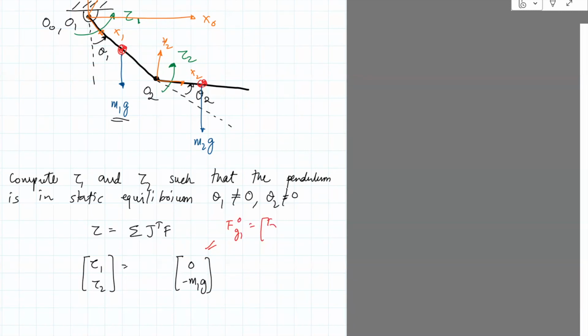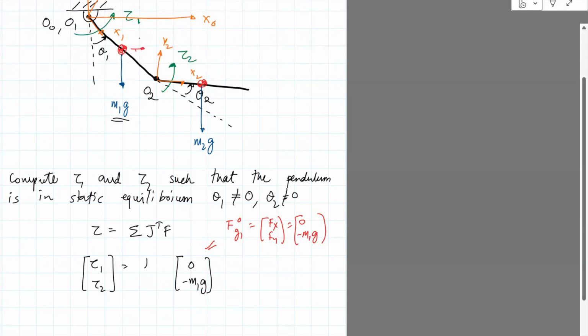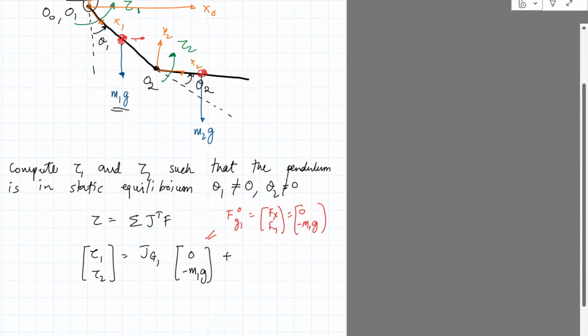There's an x component and a y component, but the x component, which is in this direction, is 0, and the y component is m1g. Okay, and then I need to figure out what the Jacobian of that particular point is. So Jacobian of g1 plus Jacobian of g2, 0, same thing, m2g.